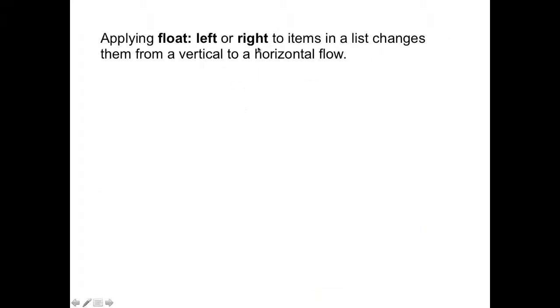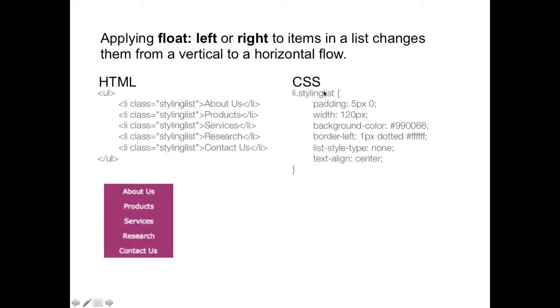Applying float left or right to items in a list changes them from a vertical to a horizontal flow. You remember this example from the CSS lesson. We have an unordered list that contains 5 list items: about us, product, services, research, contact us. So we're pretending this is a navigation.